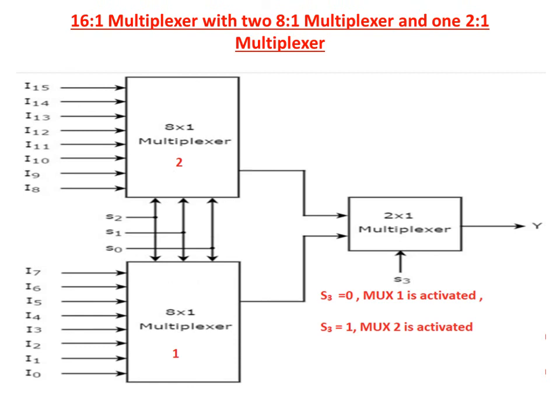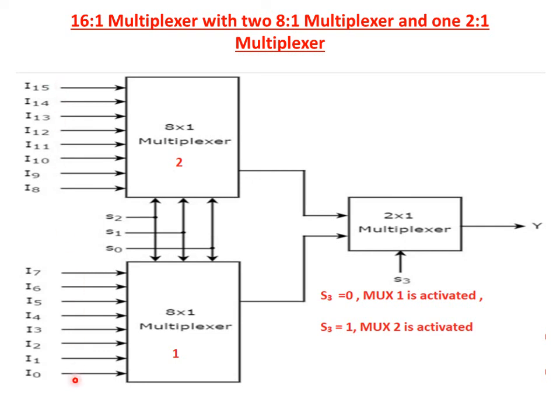Design 16:1 multiplexer with 2 8:1 multiplexers and 1 2:1 multiplexer. Here the two multiplexers are represented here. The total inputs are 16, so the 16 inputs are divided into two parts. Here for multiplexer 1, the inputs are I0 to I7, and for multiplexer 2, the inputs are I8 to I15.